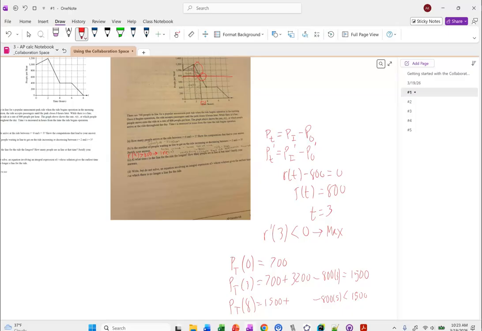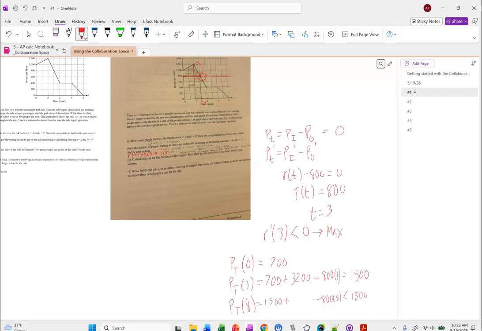Okay. And then our last part we didn't get to. It says write, but do not solve, an equation involving an integral expression of r whose solution gives the earliest time t at which there's no longer a line for the ride. So basically we need this equation equal to 0, right?